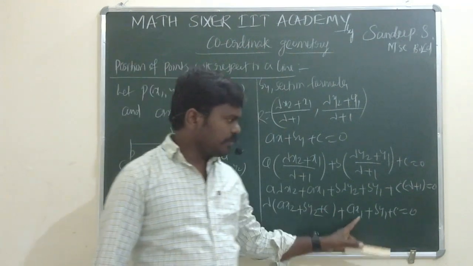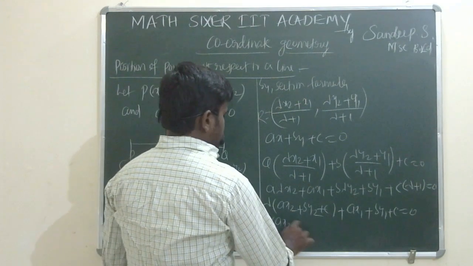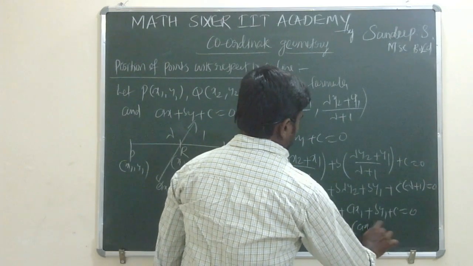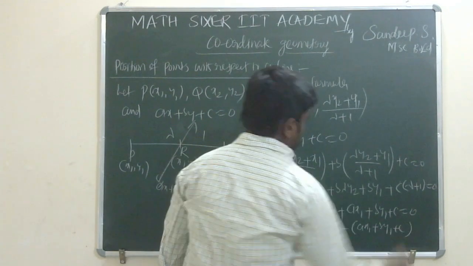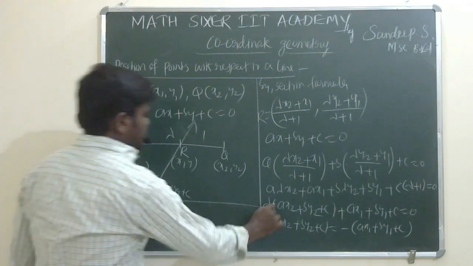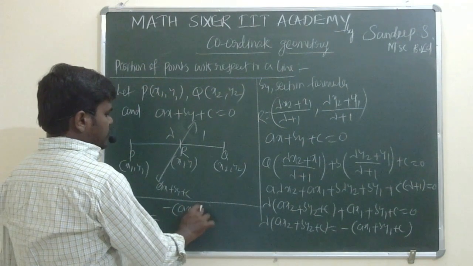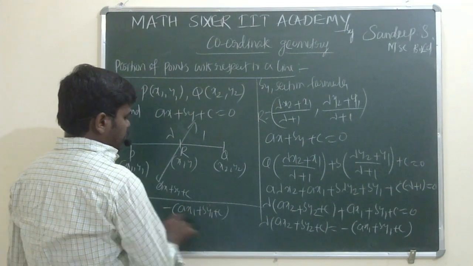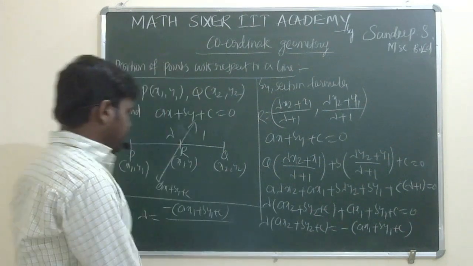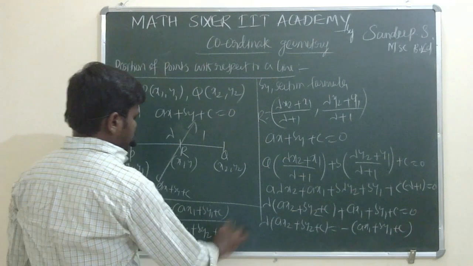Take this term to the other side, then you will get lambda into (ax2 + by2 + c) equals minus (ax1 + by1 + c). So lambda is equal to minus (ax1 + by1 + c) divided by (ax2 + by2 + c).